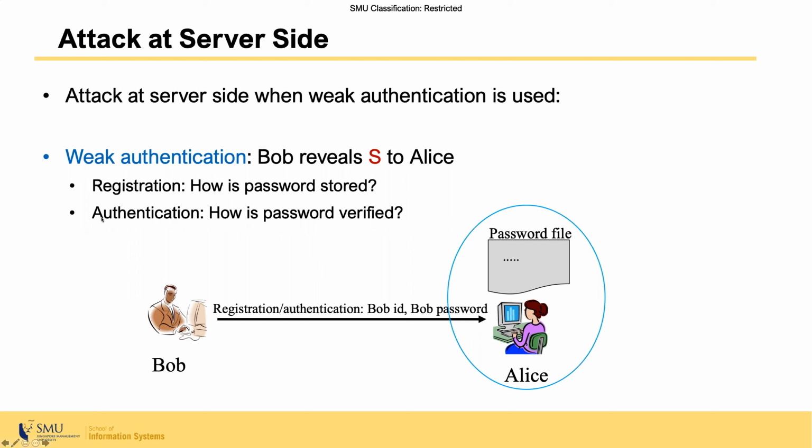The question to address here is, in the registration phase, how is the password being stored? And during the authentication, how is the password being verified? Exploiting this weak scenario would become an attack at server side.